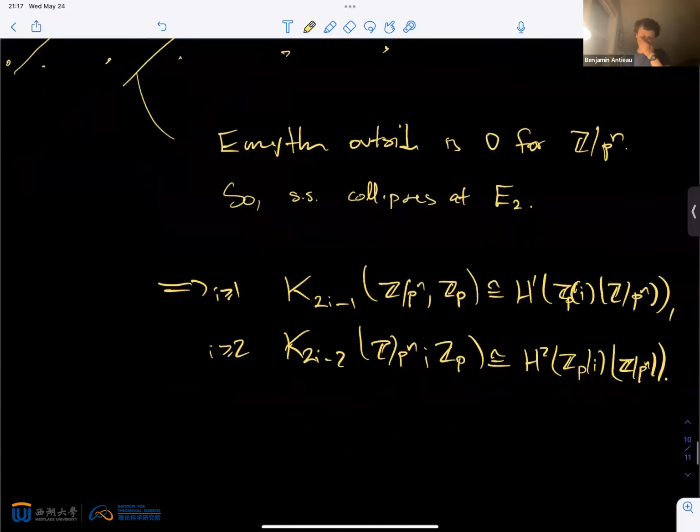Okay. And so we've reduced the computation of K theory to the computation of the cohomology of these syntomic complexes associated to Z mod P to the N. And so let me now talk about how to compute this. First, let me give what I call a soft argument.